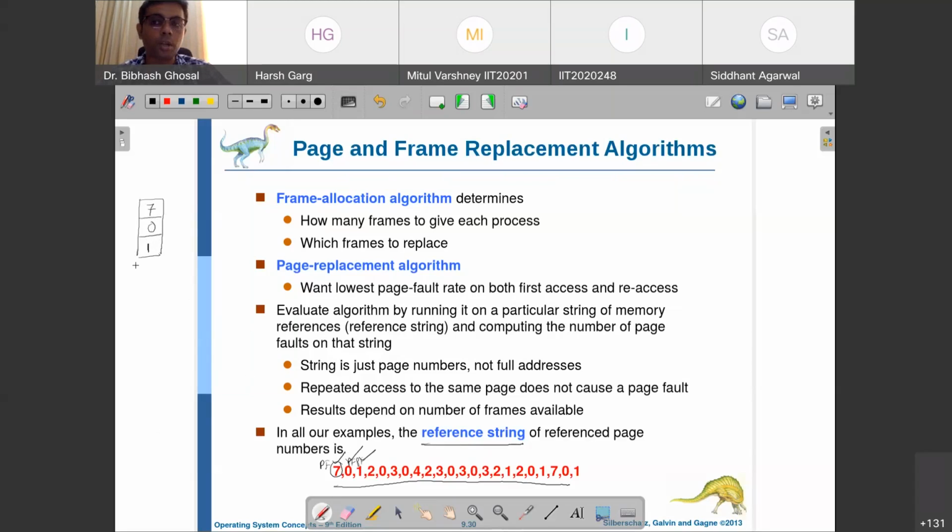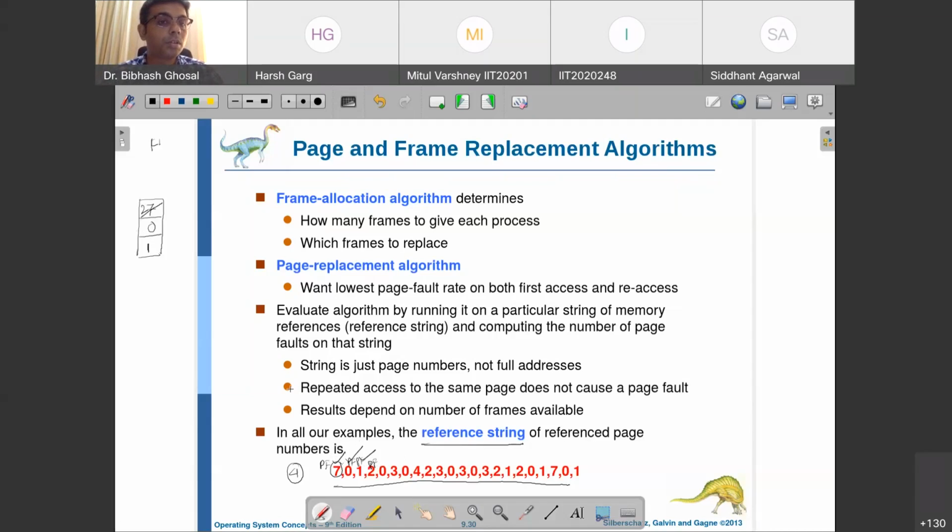No, I have to replace one of them. Let's go with this approach: first in, first out, the one which came first will be sent out first. I update 7 with 2. So I remove page number 7 from the physical memory and replace it with page number 2. Remember, I already have 4 page faults by now.